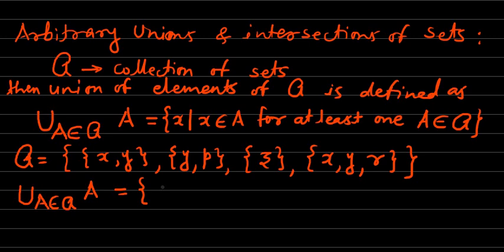So X, Y: all members of the first set we have covered. From the second set, Y we have already covered, so just P we have to consider. From the next set Z. From the next set X and Y we have already covered. Remaining is simply R. So this is the union of A over A belongs to script A.